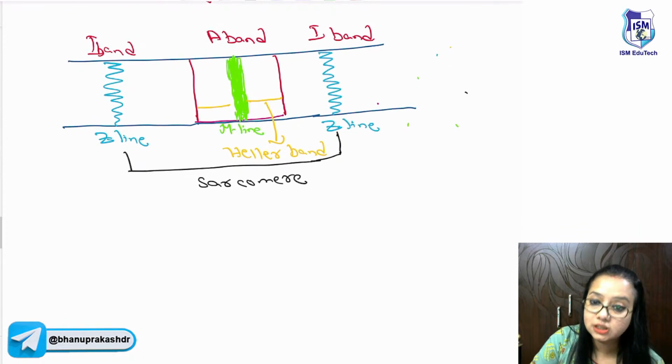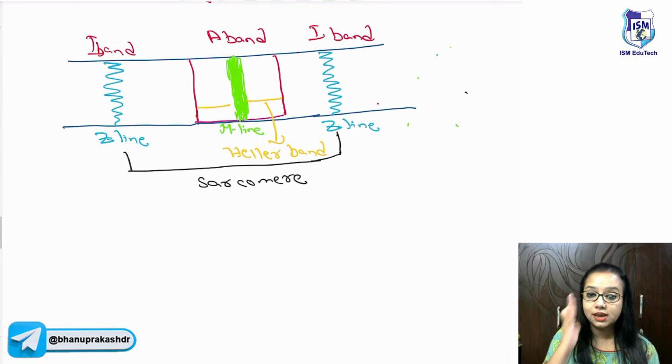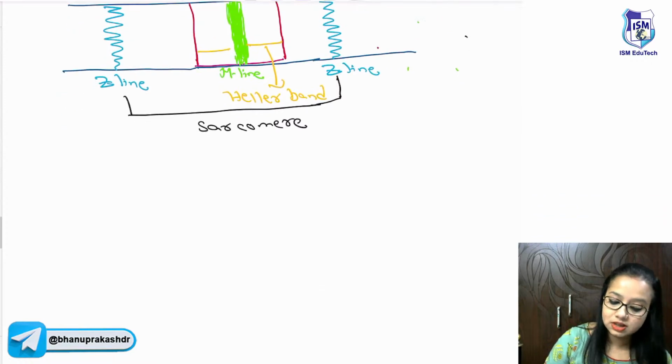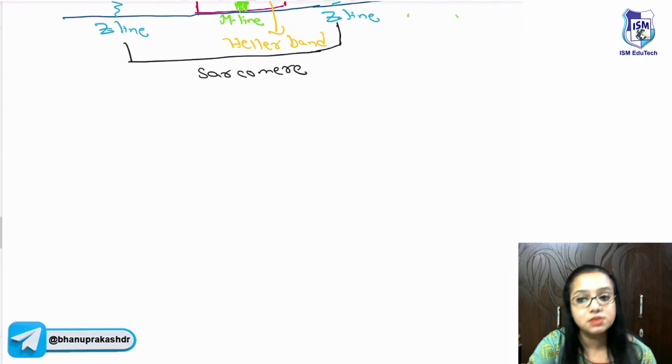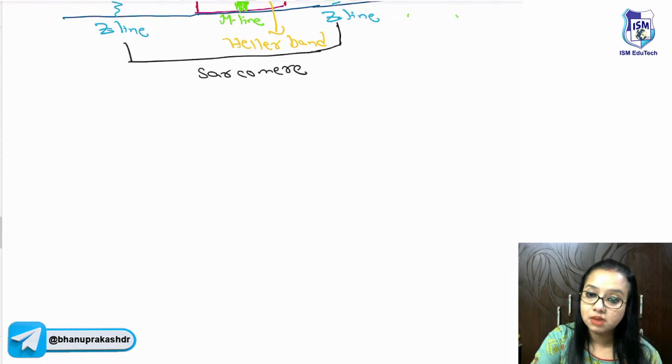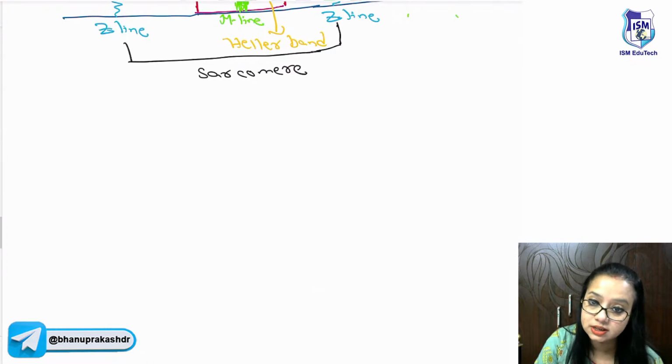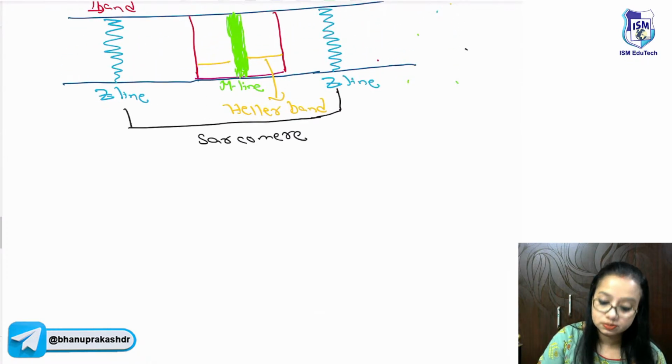Now, what actually makes this A band thicker and the I band thinner? We know that a skeletal muscle fiber has the contractile proteins actin and myosin, and the sarcomere being the contractile unit obviously has these too.